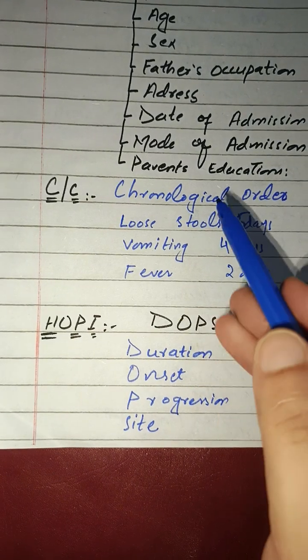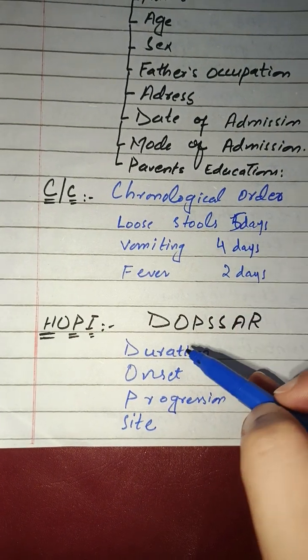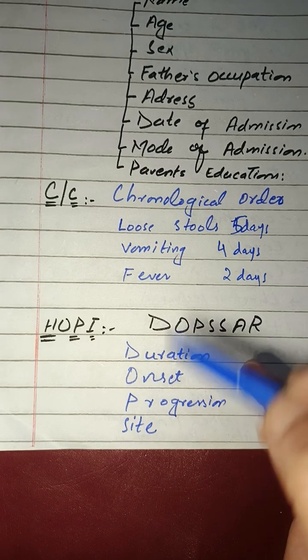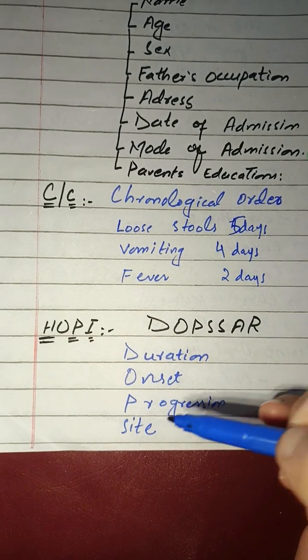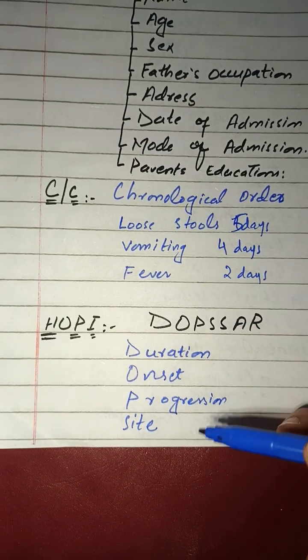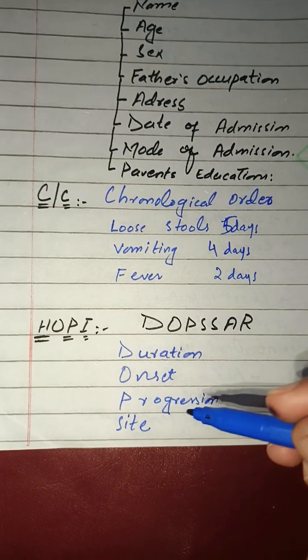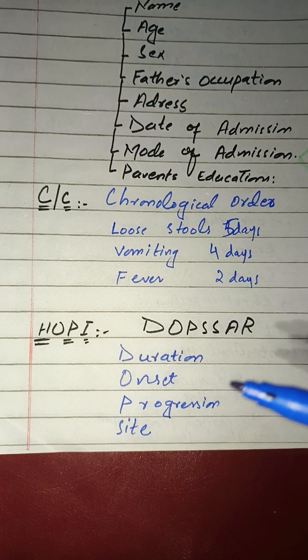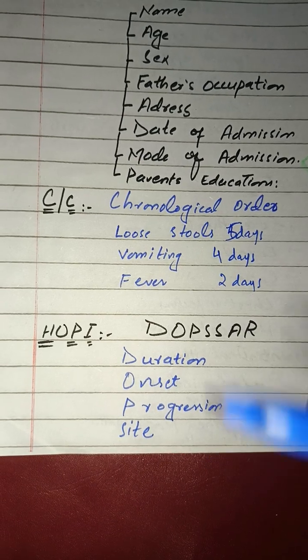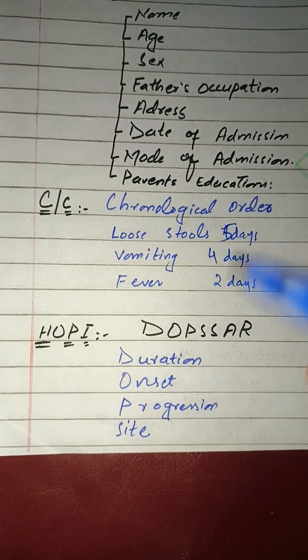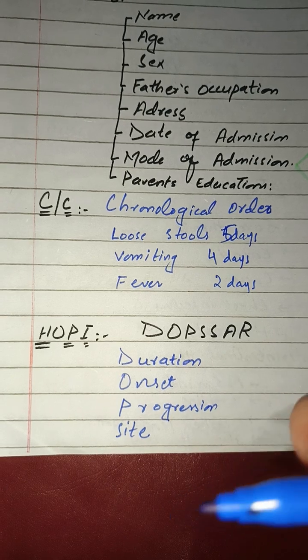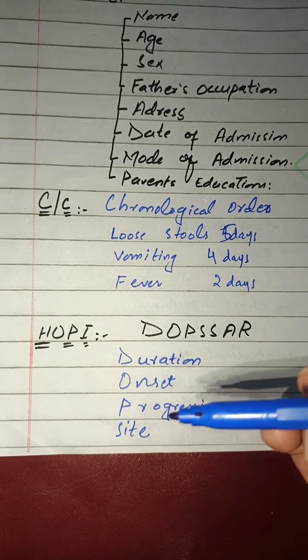We will ask about the duration of the loose stool, the duration of the vomiting, and the duration of the fever. Then we will ask about the onset, either it is of sudden onset or gradual onset. Then we will ask about the progression, either the disease has progressed with time or decreased with time.